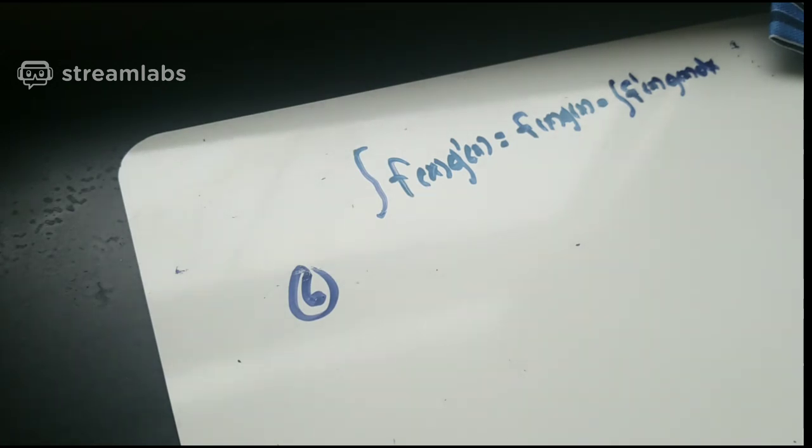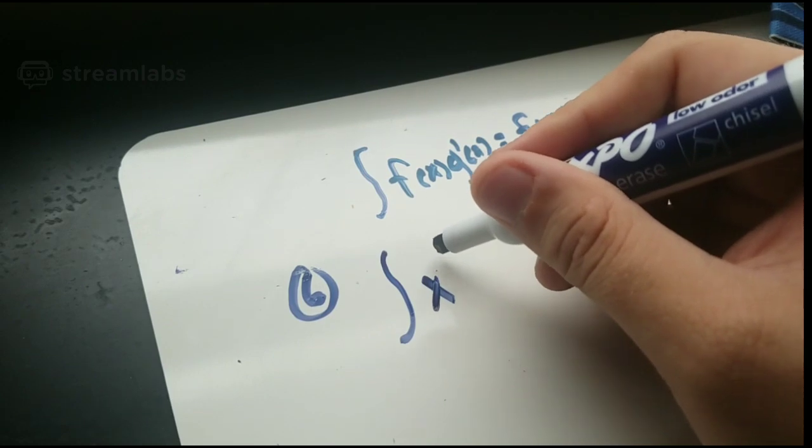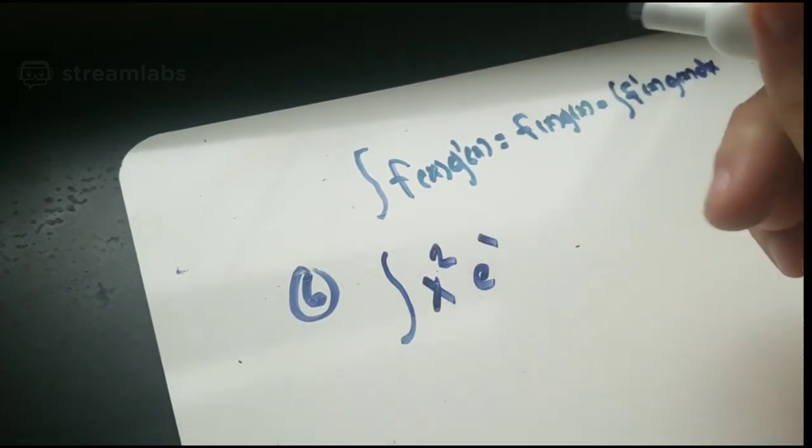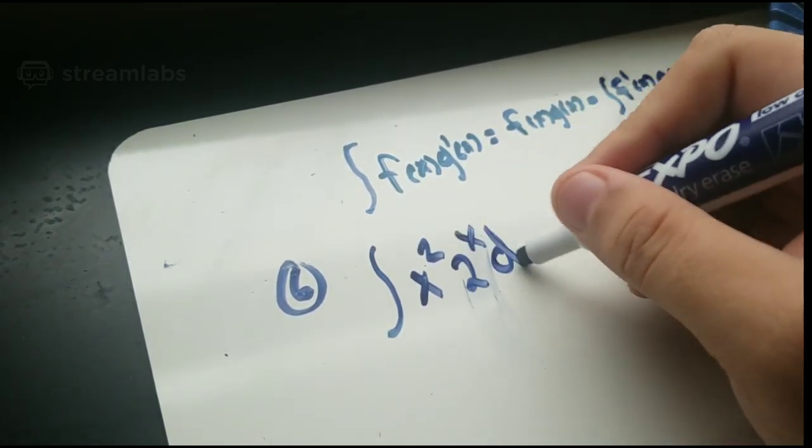But good question. Let's go. We're at number 6, x squared, 2 to the x power. So let's write that down. The integral of x squared, 2 to the x power, dx.